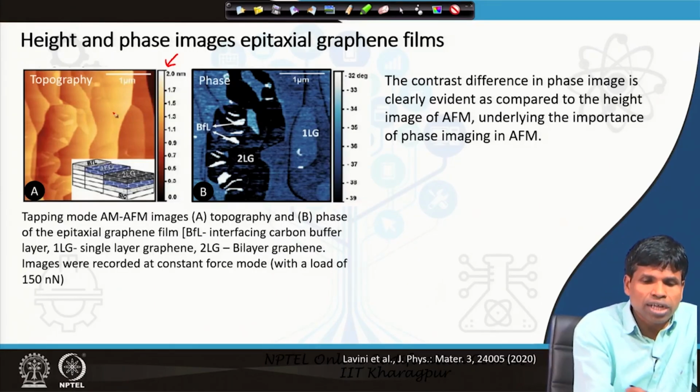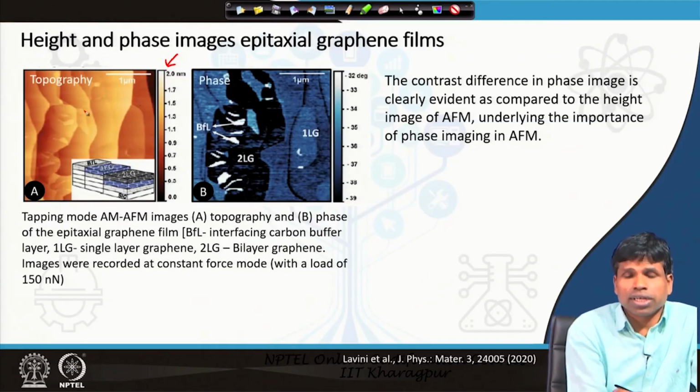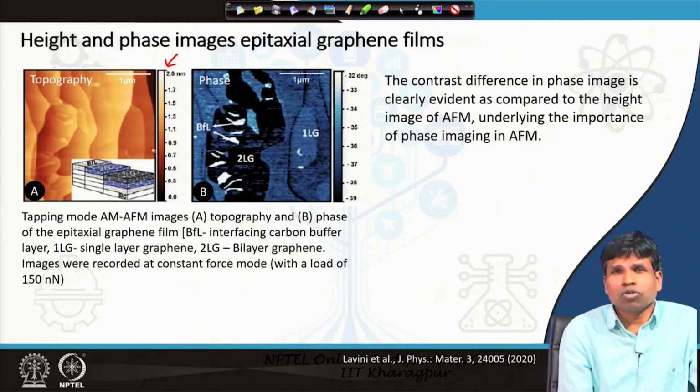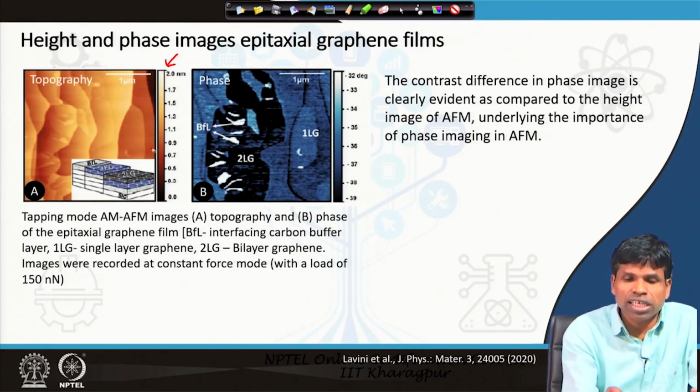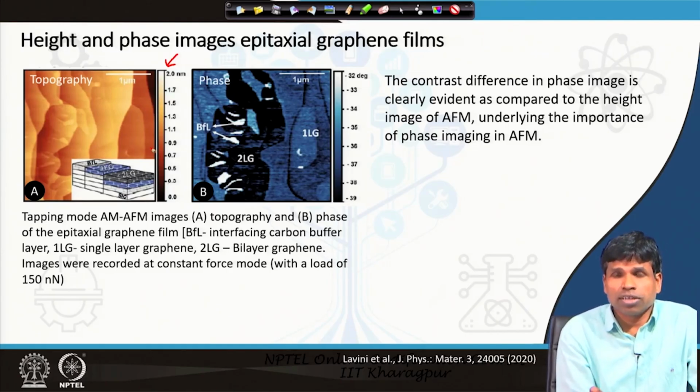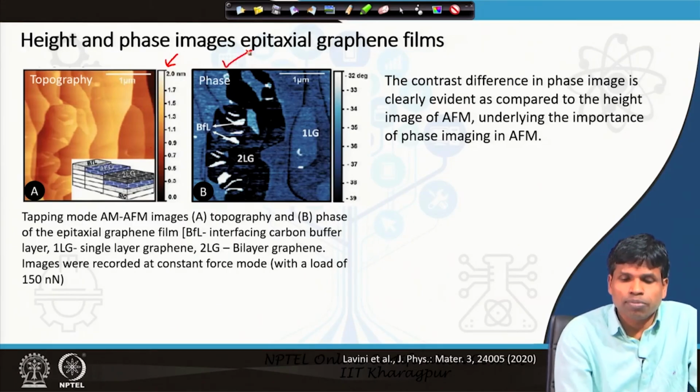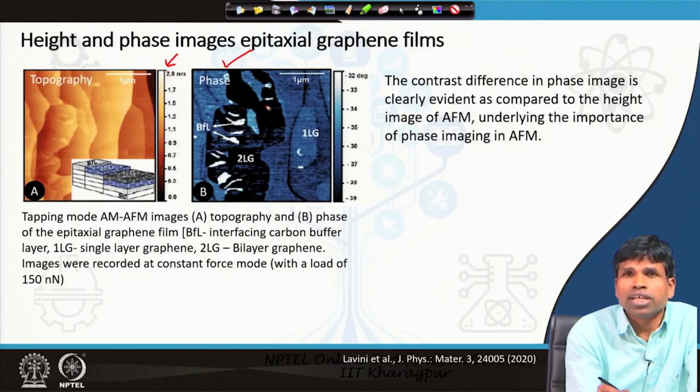We could see there is a difference in the contrast, no doubt, but what additional things do we see in the phase image? You see there is a clear cut contrast difference in the phase image. Some regions are very dark.